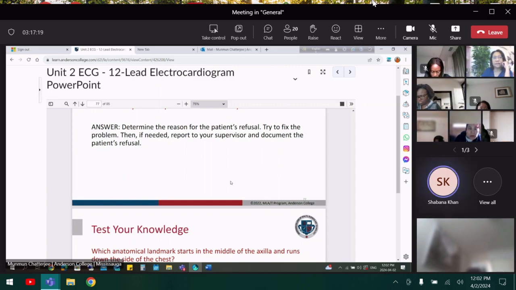Left side of the sternum, in the fourth intercostal space. V3 is between V2 and V4. V4 is in the fifth intercostal space at the mid clavicular line. So V2 is fourth, and V4 is the fifth intercostal space, mid clavicular line.